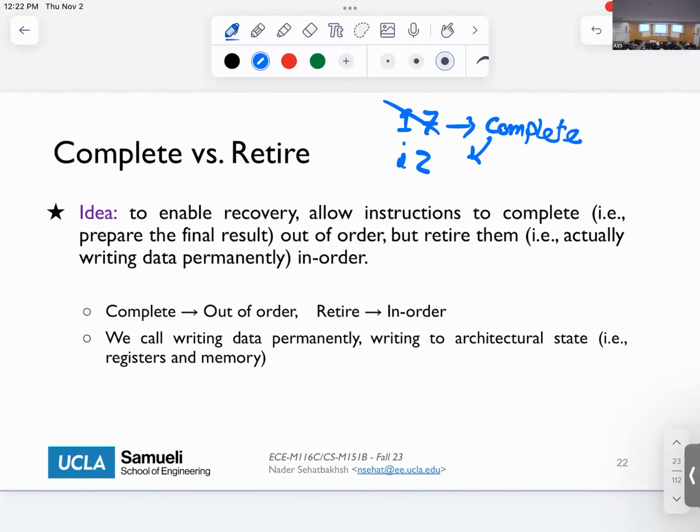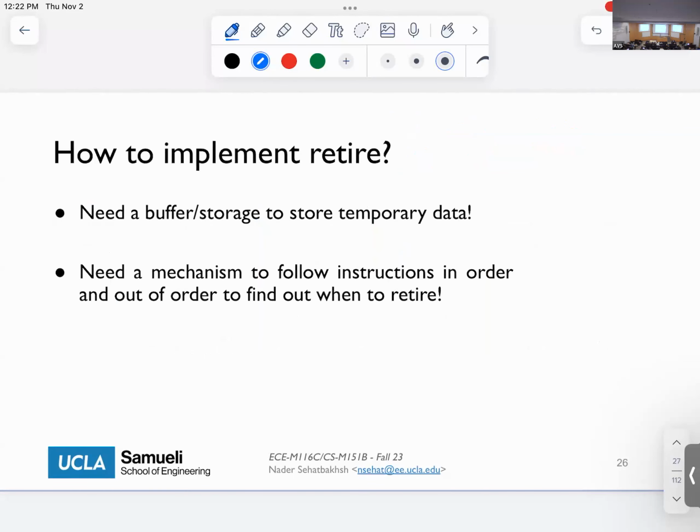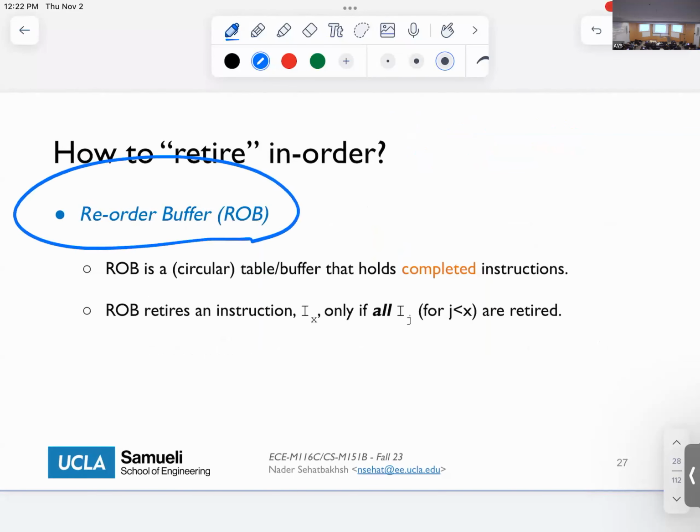And how do we save that temporary data? We introduce an additional thing called the reorder buffer, or ROB. Things that are completed write themselves into this ROB. Whenever we want to retire things, the data written to the ROB is then written to my register file, my memory, and my PC.